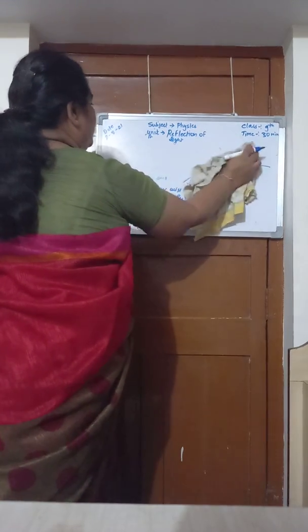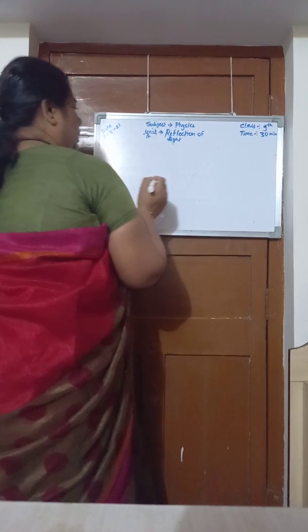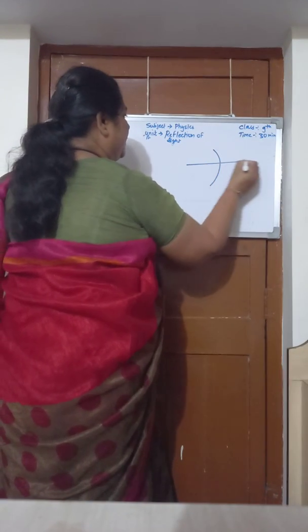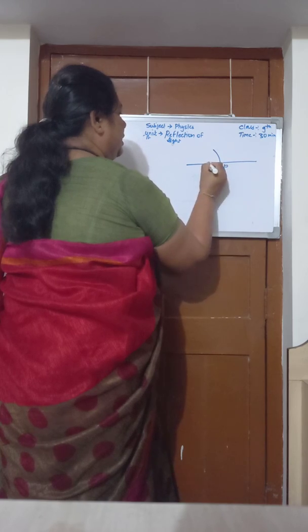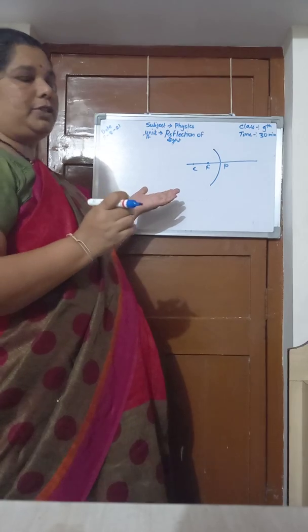We have to see the second rule. This is the figure for the second rule. This is the principal axis. This is P, F and C. Now it is opposite to the first rule.